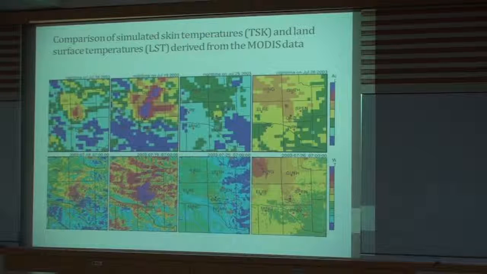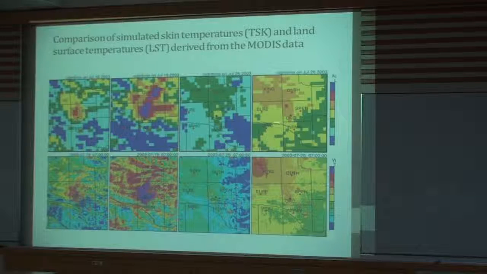To compare the simulated skin temperature, we use the simulated temperatures and the land surface temperature generated from the MODIS data here. The top is the simulated data and the bottom is the MODIS data, and we see that for all four cases it is captured well, especially in the strong case.